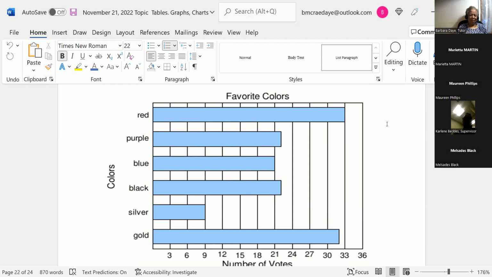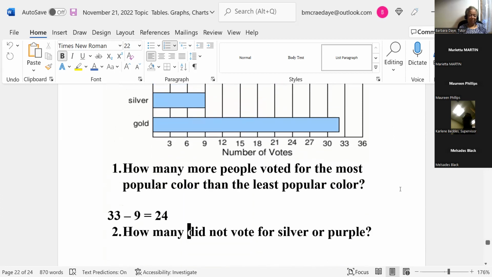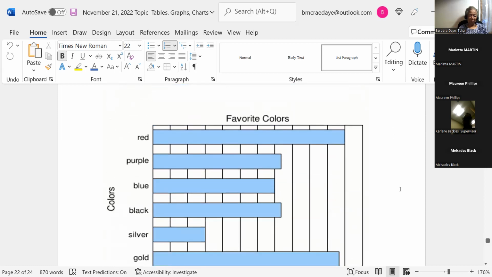Maureen, you're going about it the incorrect way. Let me look at the question again. How many did not vote for silver or purple? So if they didn't vote for silver or purple, they voted for the other colors. Take those colors and add them up. And tell me what you get.